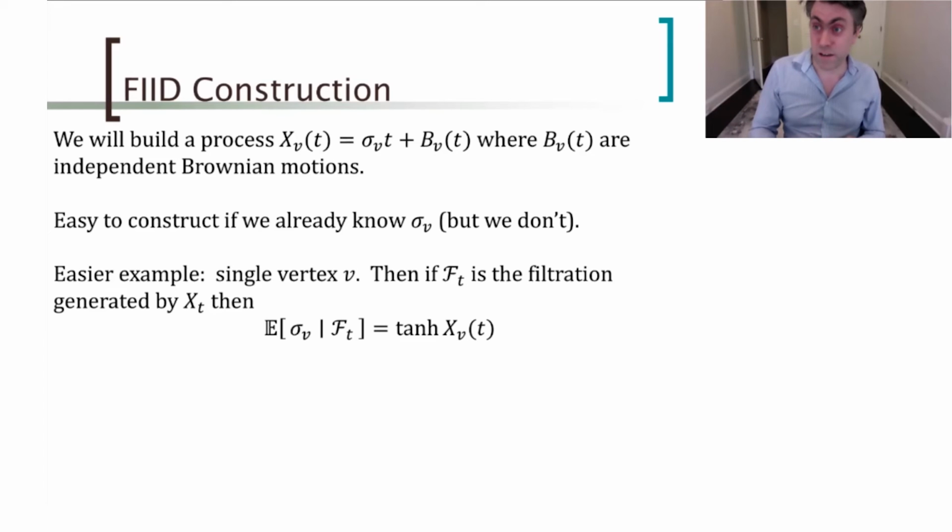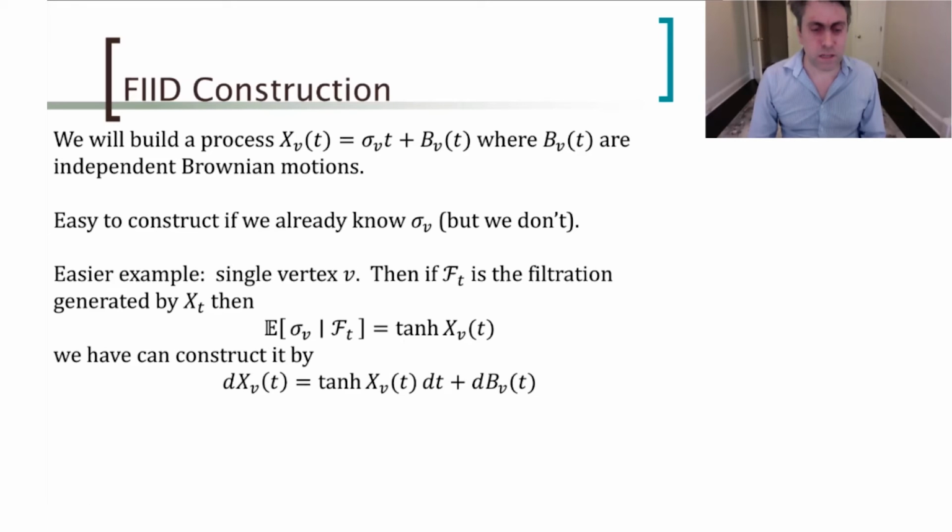But you could work out the probability that sigma is plus given what you've observed up to time t. And actually the expected value of sigma_v given what we've observed up to time t, you do Bayes rule essentially, and you get that it's tanh of x_v(t). That's just a calculation.